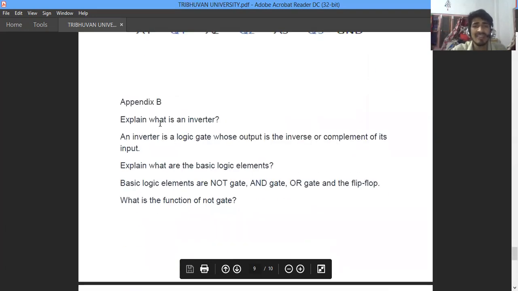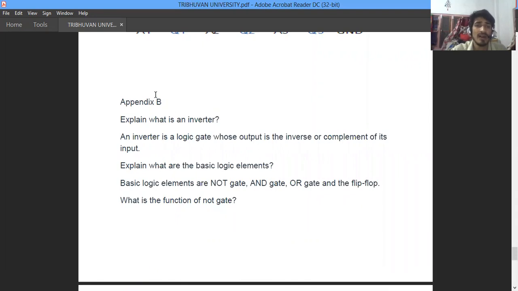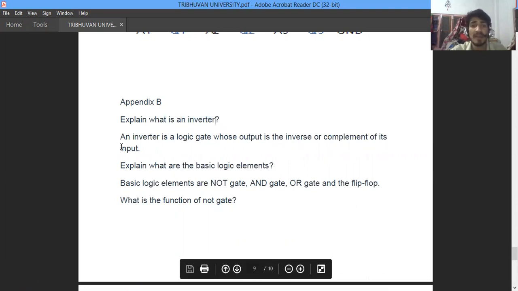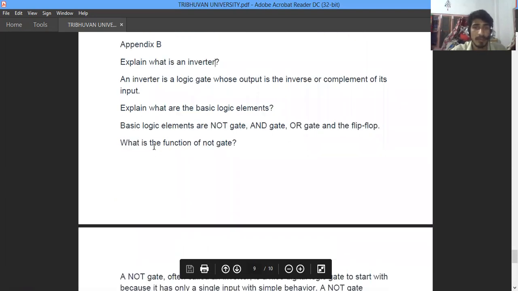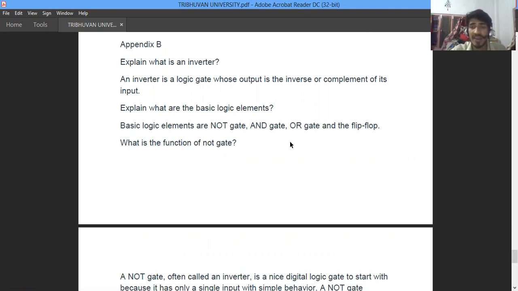What is explained in appendix B? It explains what inverters are. An inverter is a logic gate whose output is the inverse or complement of its input. It also explains the basic logic elements: NOT gate, AND gate, OR gate, exclusive OR gate, NOR gate, etc., and the flip flop.